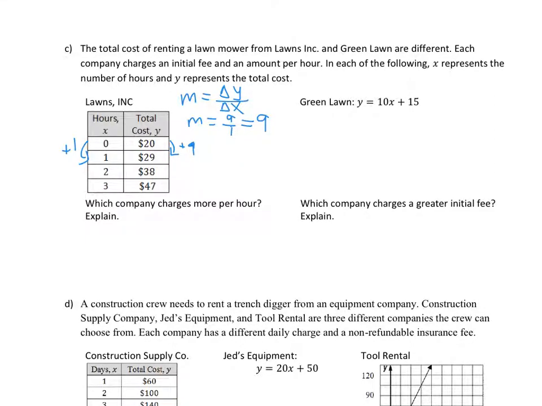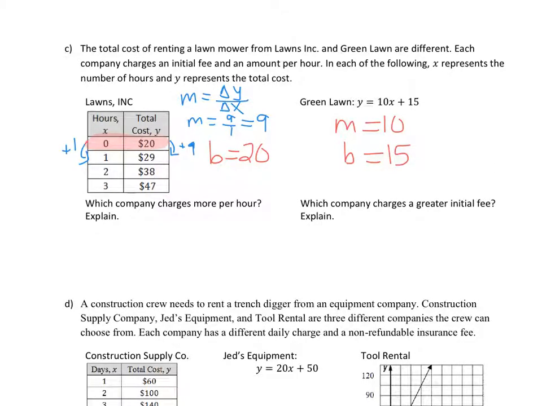However, the one thing that's great about tables is sometimes they actually will tell us the y-intercept. When they have an x value of 0, the corresponding y value is the y-intercept. So this worked out nicely, and our y-intercept is 20. Over here for Green Lawn, it's already in slope-intercept form, which is great. Our slope is 10, and our y-intercept is 15.